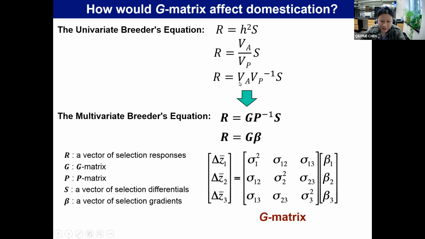Then we can easily transfer this equation to the multivariate breeder's equation, where R is a vector of selection responses, G stands for the G matrix, and beta is a vector of selection gradients.